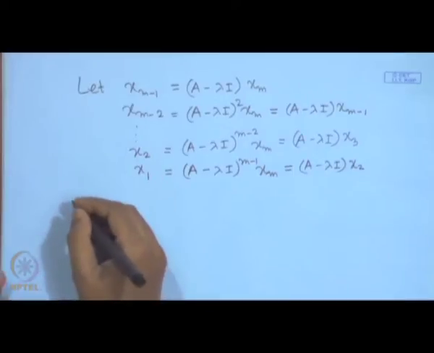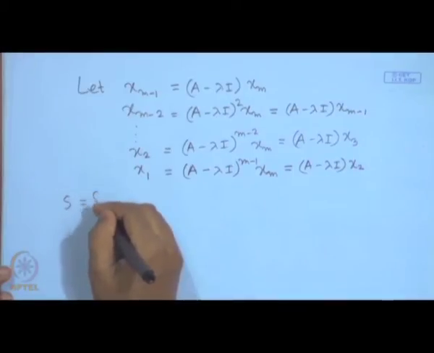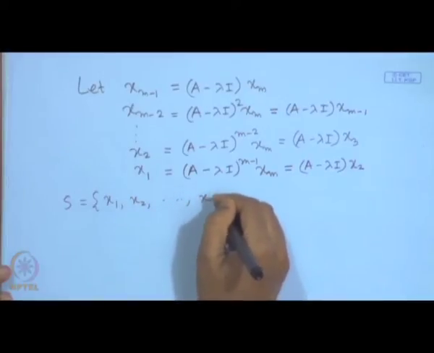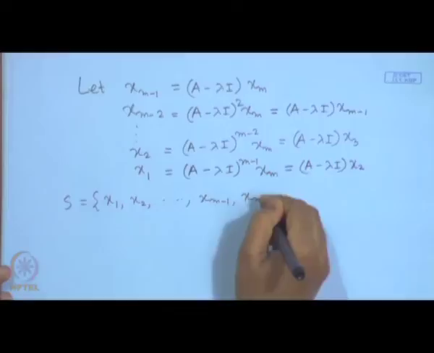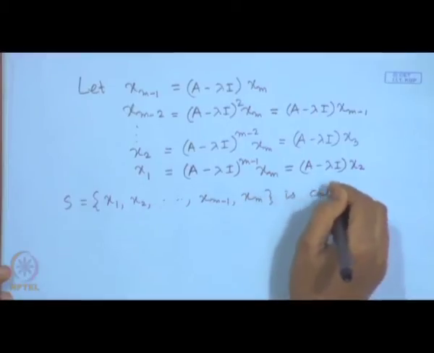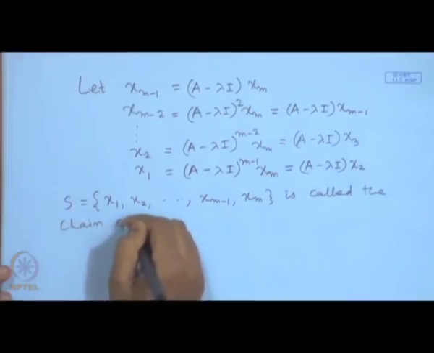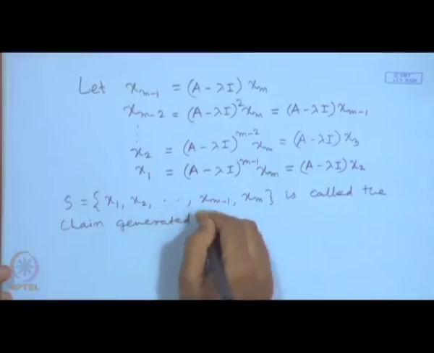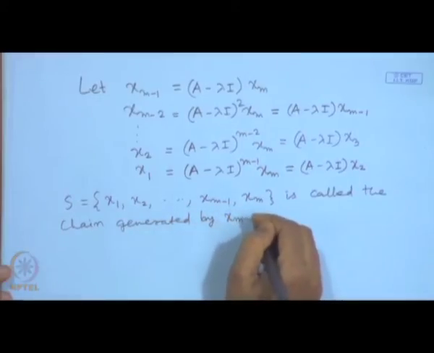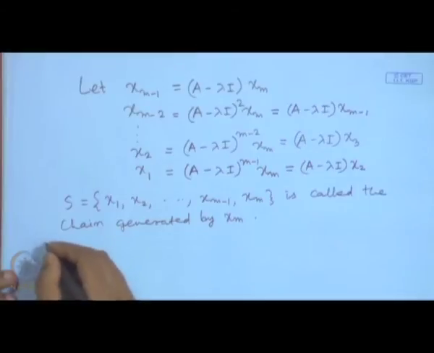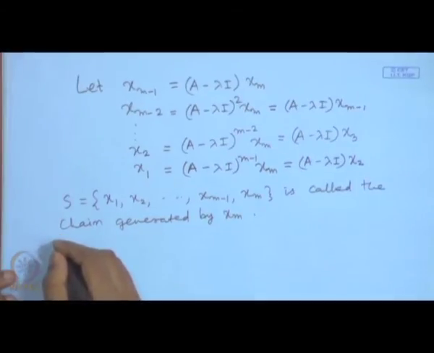So, this set S consisting of vectors x_1, x_2 up to x_{m-1}, x_m is called the chain generated by x_m. So, this chain generated by x_m satisfies some properties, and we shall list those properties here.